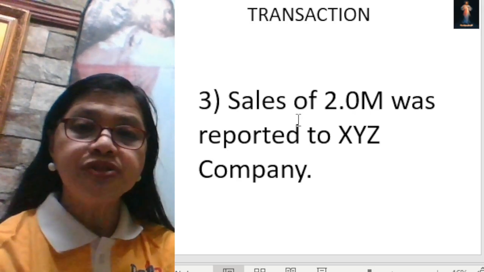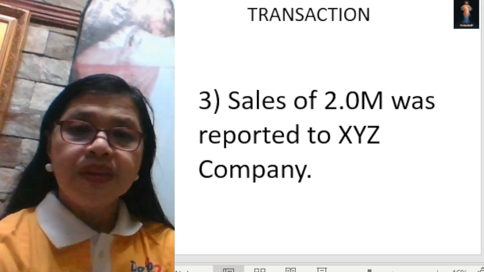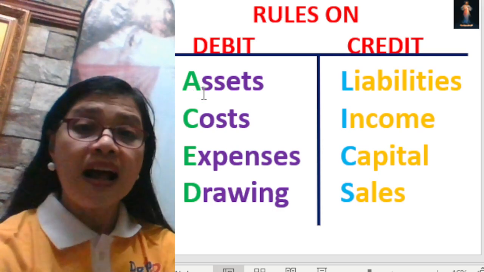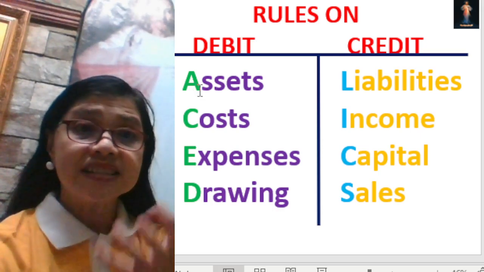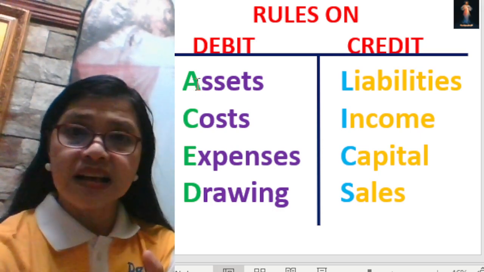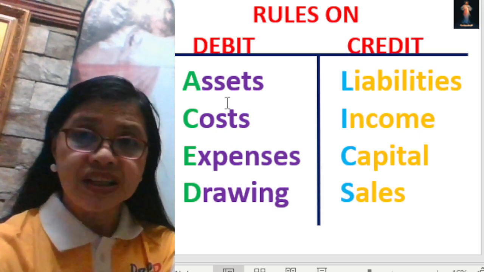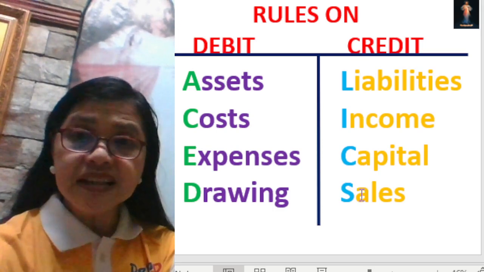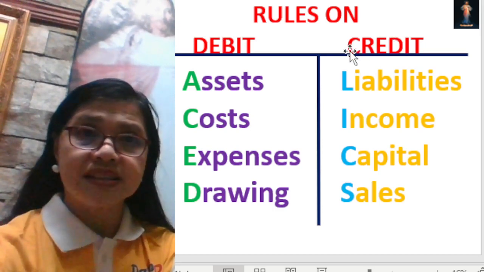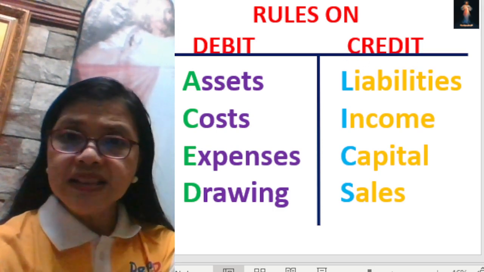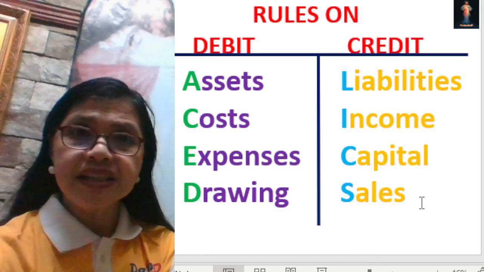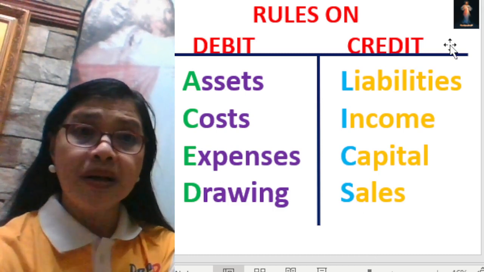And what are the accounts involved? So meaning the accounts involved here are assets, okay? Assets, cash. Cash is an asset account. So asset has a debit balance for cash, and on the credit side, sales has a credit balance. Look at that. Sales here has a credit normal balance.